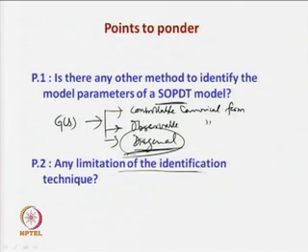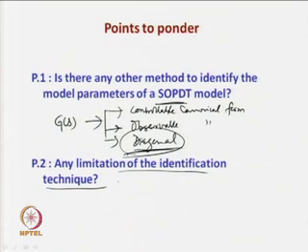Any limitation of the identification technique? Yes, we have many limitations associated with the identification technique, but those things will be discussed in detail towards the end of the identification of the second order plus dead time model. One simple limitation is that it will be very difficult to find whether the asymmetrical sustained output we get is obtained from the different relay parameters, or is coming from external disturbances.